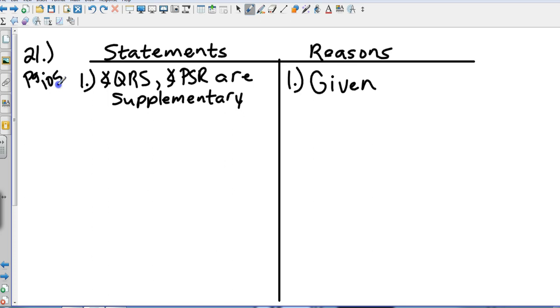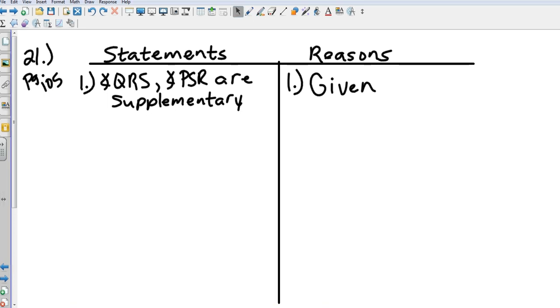We've been given some lines that have another line that intersect. So if you will follow along with the actual diagram that's in the book, that will be great. And that'll save me some space so I don't have to flip back and forth between the screens. And so we're given that QRS and PSR are supplementary. Our goal is to prove that QRL is congruent to PSR.